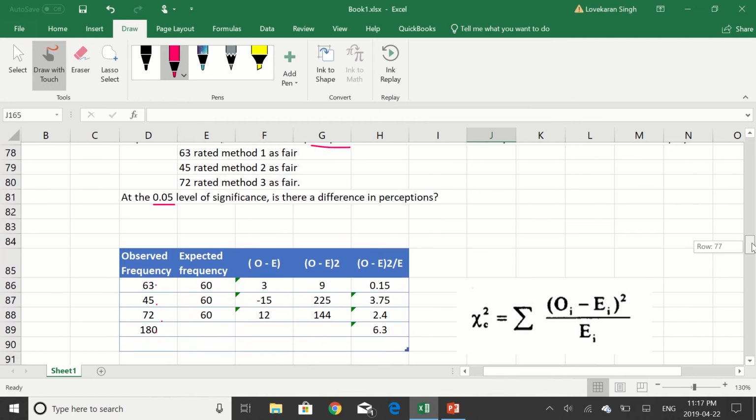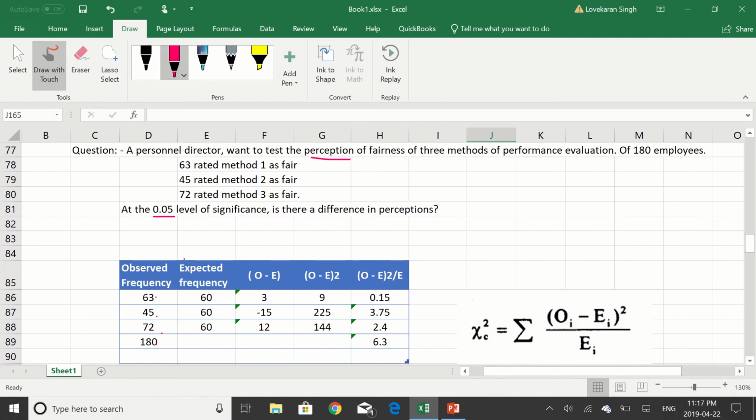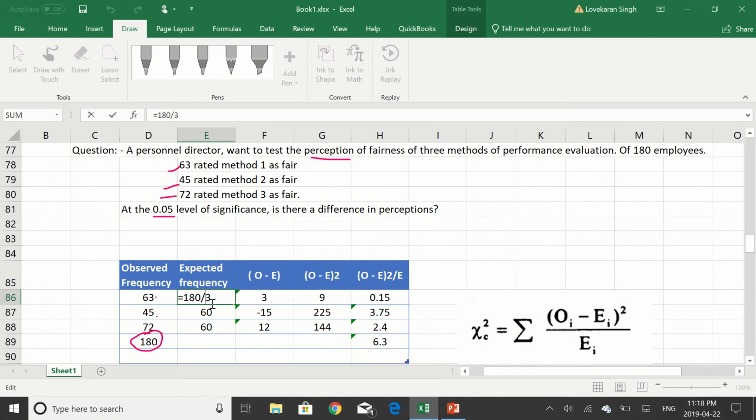Our observed frequencies are 63, 45, and 72, and adding them together we get 180. To find the expected frequency, we divide 180 by 3, because we have only 3 observed frequencies, and we get 60.